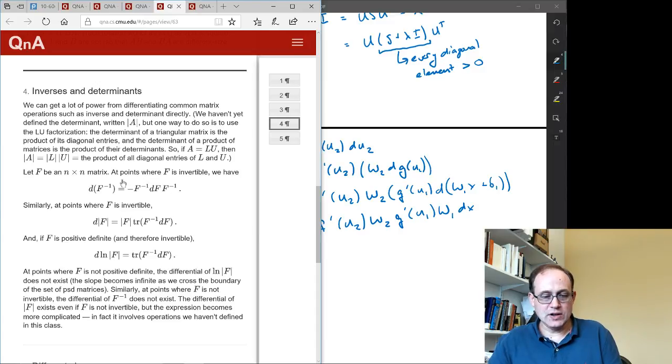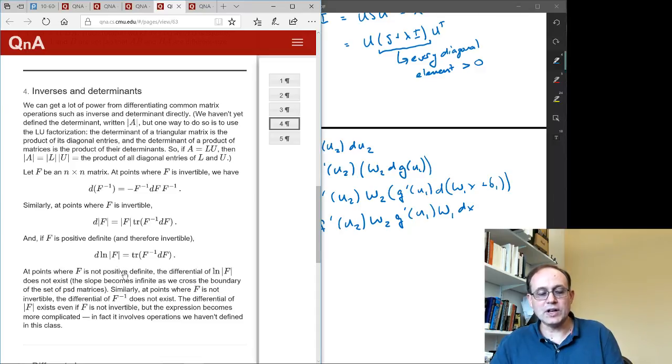Right, and so here are two formulas involving the differential of an inverse and of a determinant. And again, you probably shouldn't try and memorize these formulas. You should just write them down or look them up in a table of identities if you need them.